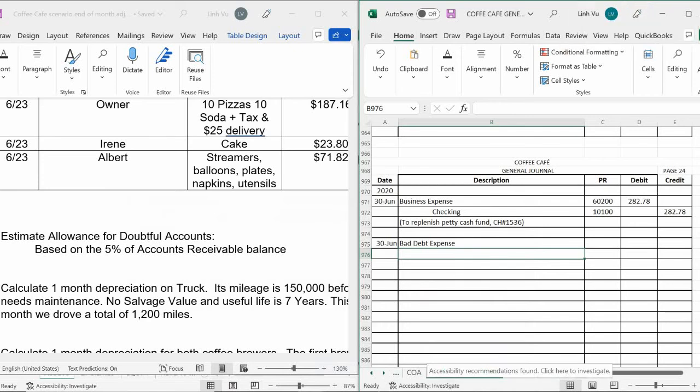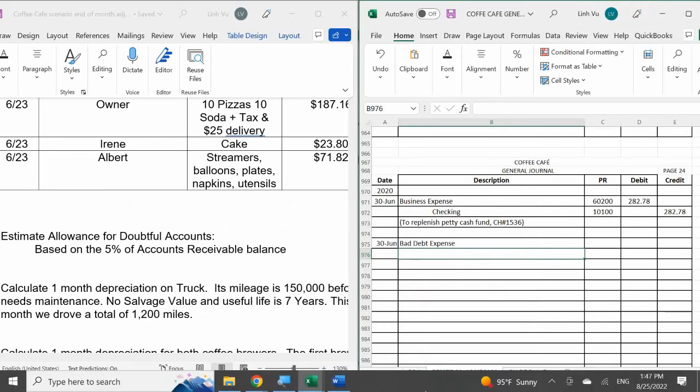Yes. Okay. So in this case, it doesn't matter whether we have a balance in the allowance for doubtful accounts, because that's during the accounting period. Right now, we reach the end of the accounting period. So if I want to adjust this, this is an estimated amount anyway. Whether this 5% default on their payment, I don't even know who is in this 5%. It could be anybody, right?